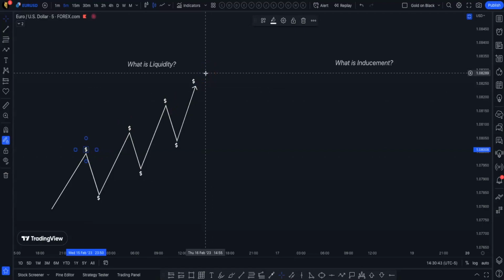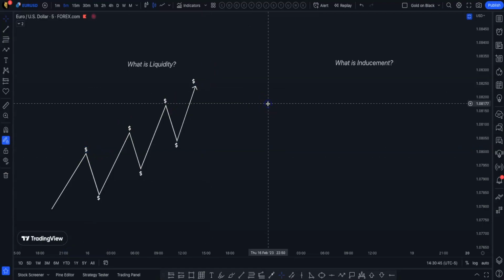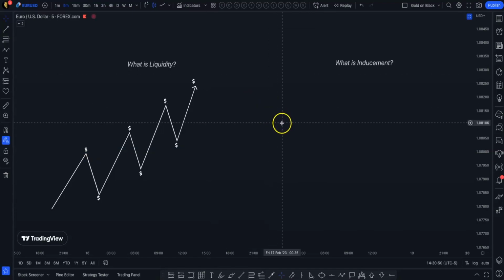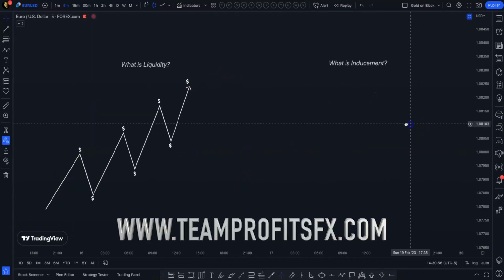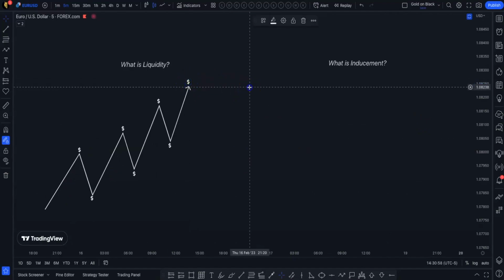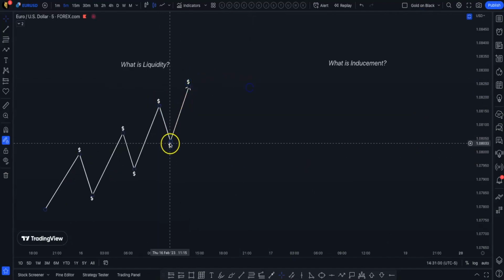Remember that overall, the markets need liquidity, need money in order to move, okay? It's fuel. Money is fuel for the markets to keep moving, all right? So that's basically it. Liquidity is money sitting somewhere, okay?